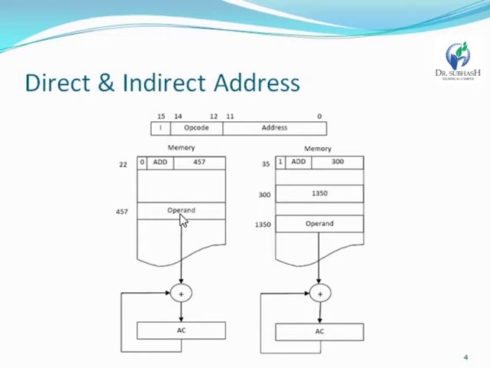So this operation is directly connected, and it is called the direct address, and this one is not directly connected, so it is called the indirect address. Also, we can show it in short. This address will be directly connected to the operand code, and this address is not directly connected to the operand code. So this is called direct address and indirect address.